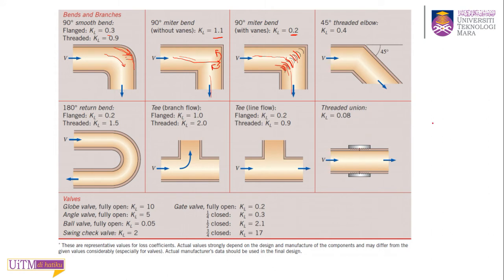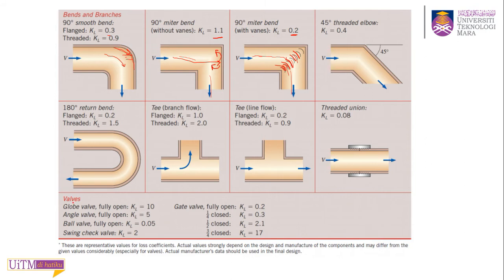That's why you have those loss coefficients, because the flow does not move 100% without friction. Normally they will provide you the loss coefficient in the question. You just use that coefficient to calculate the minor losses.